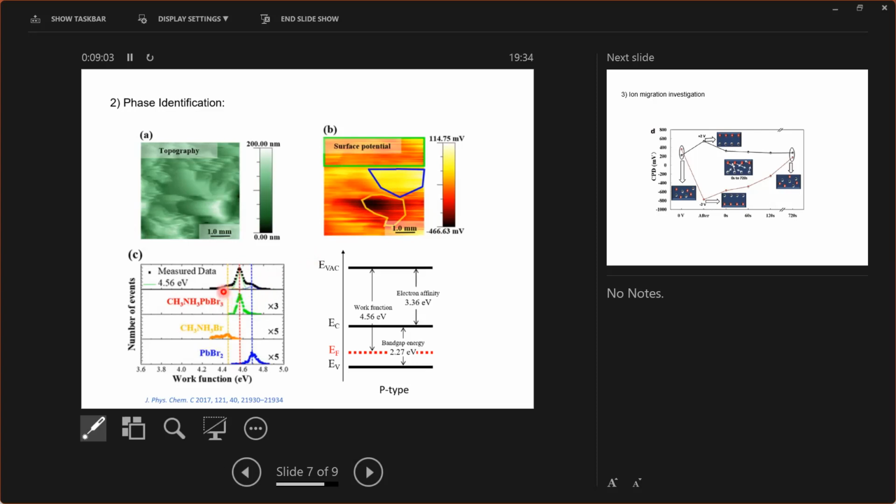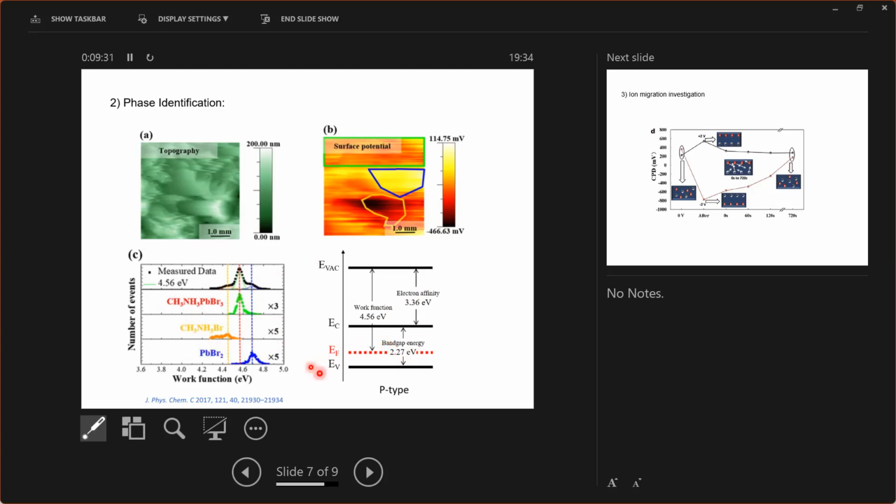Also from the measured data we can identify the band energy diagram. Here the work function for this material is around 4.56 electron volt. If we get the band gap and the electron affinity of that material, we can get the Fermi level, and from that band energy diagram we can say which type of material this is, p-type or n-type.